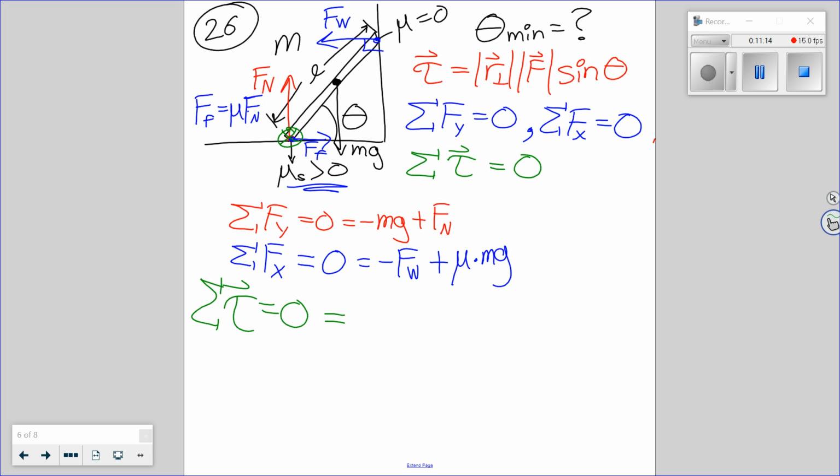So it's plus, and the lever arm is L, the length of the ladder. The magnitude of the force is Fw, or I could put mu mg. Let's save our writing. And then I need the sine of the angle between the ladder and the force. Is that theta? No. It's 180 minus theta.